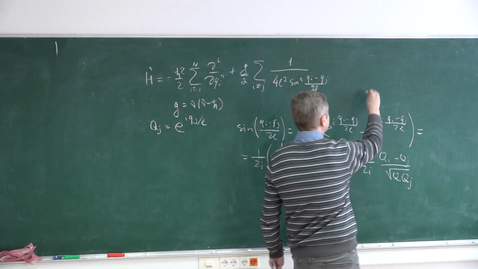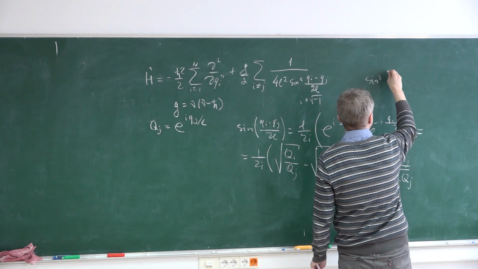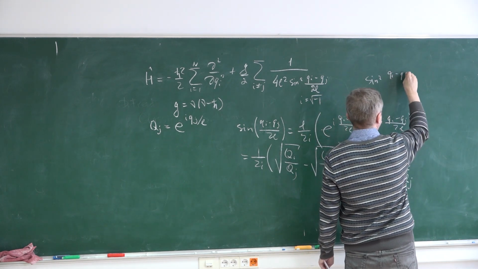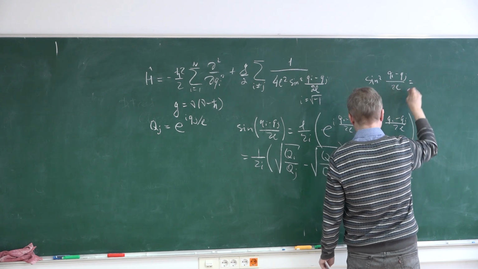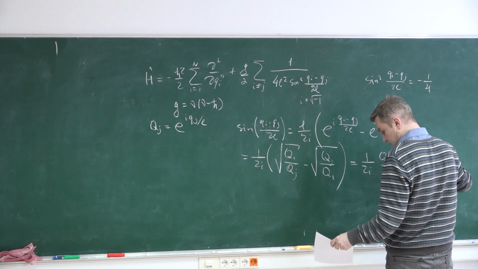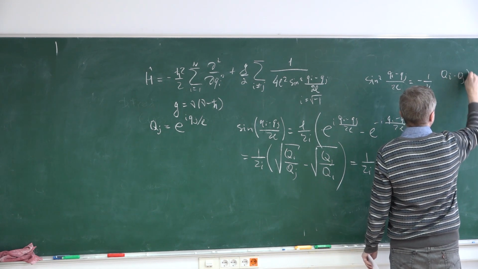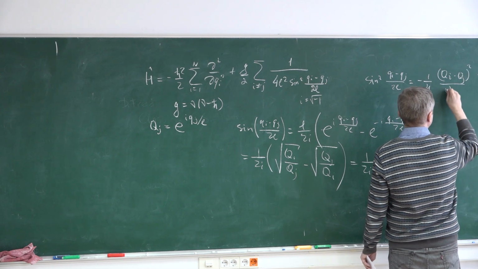And this means that the sine squared of (qi minus qj) over 2 is equal to minus 1 over 4 (qi minus qj) squared over qi qj.